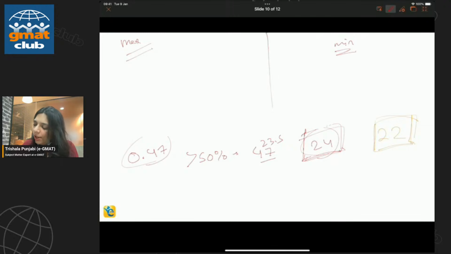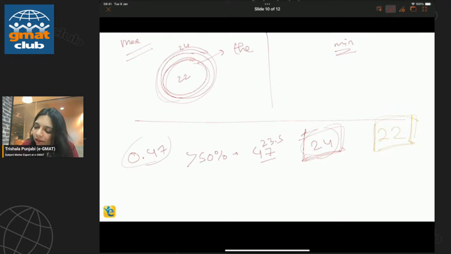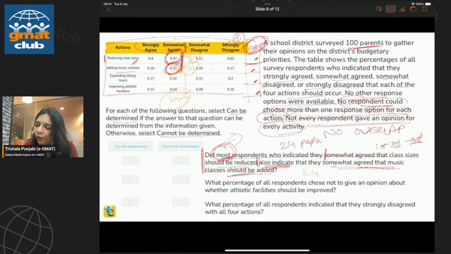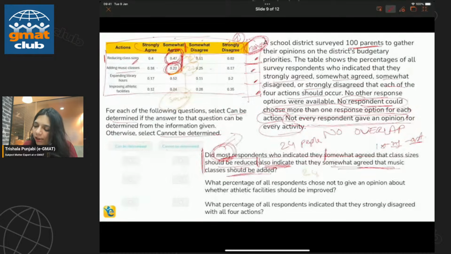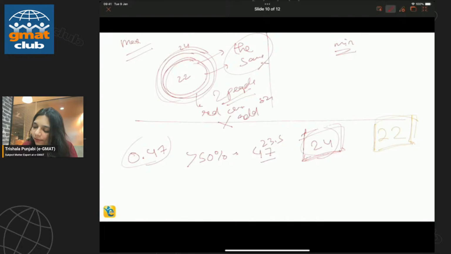In max overlap, there are 24 people here, and 22 people here. Are they all the same? They are not, right? There are still two people who are into reducing class sizes but not into adding music classes in max overlap. Does this make sense?